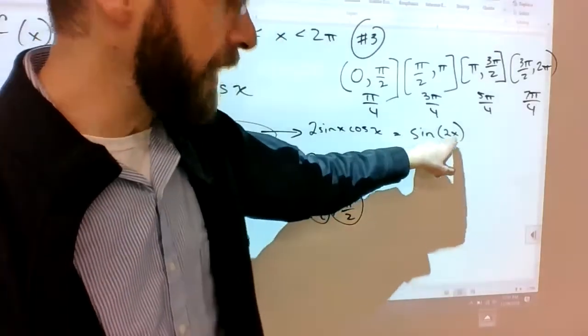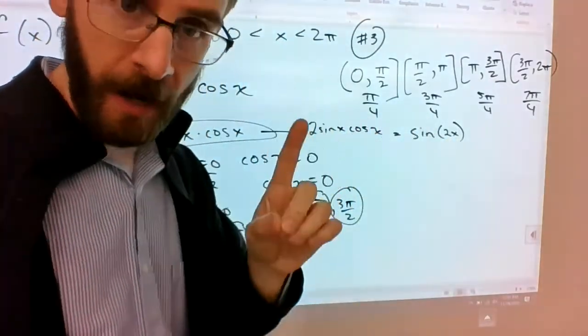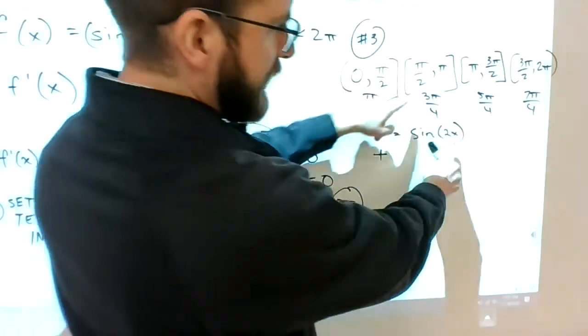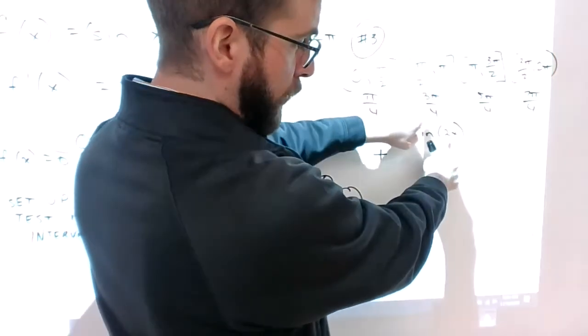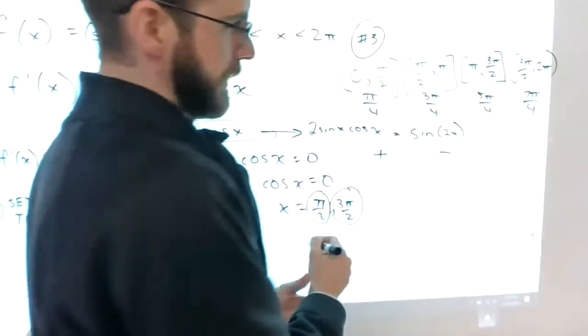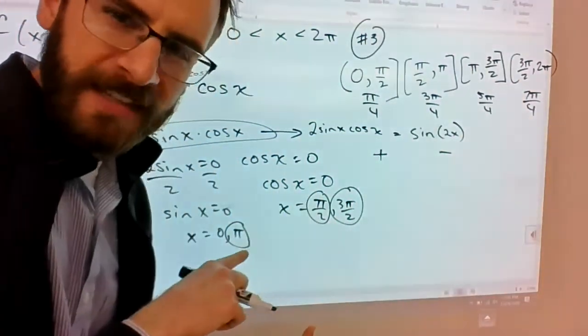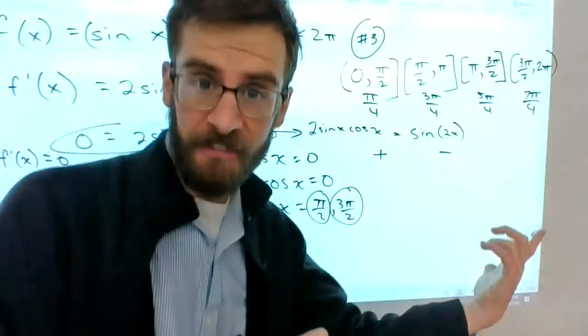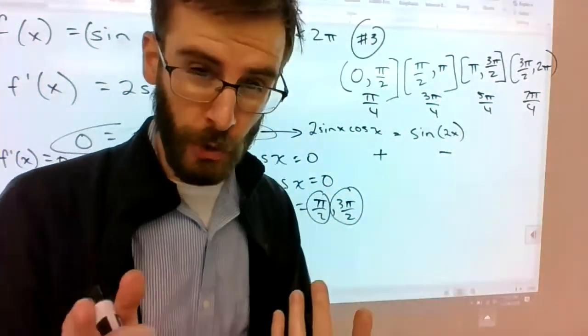The sine of pi over 2 is going to be positive 1. The sine of double 3 pi over 4 is the sine of 3 pi over 2. That's going to be negative 1. And then the cycle just repeats itself, because once you go to 5 pi over 4, double 5 pi over 4 is 5 pi over 2, yeah?